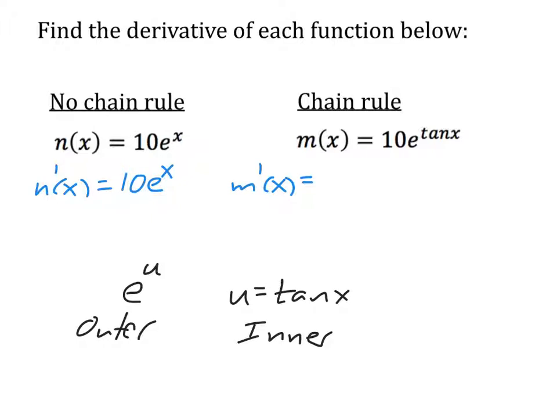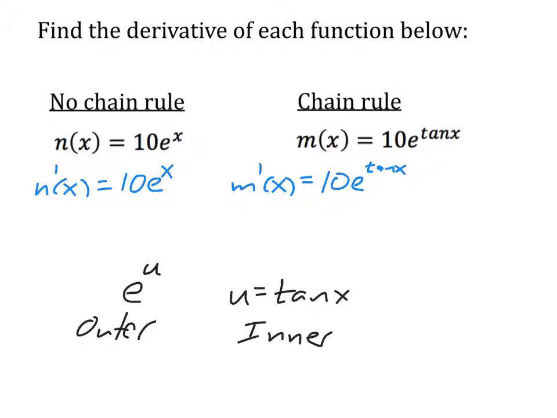So, going back to my problem here, to find the derivative, of course the 10 stays the 10. And then I'm going to do the derivative of the outer function. So that's e to the power of something, so it's going to be its own derivative. So the derivative is e to the power of that same something. So it's e to the power of tangent of x.